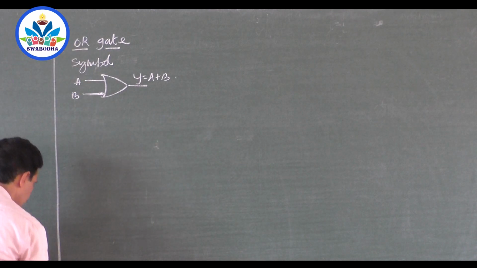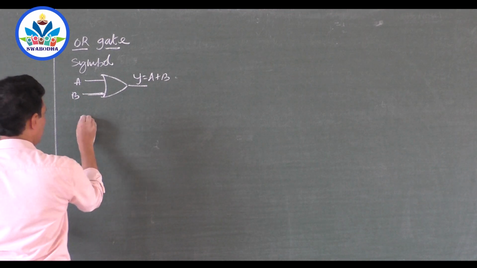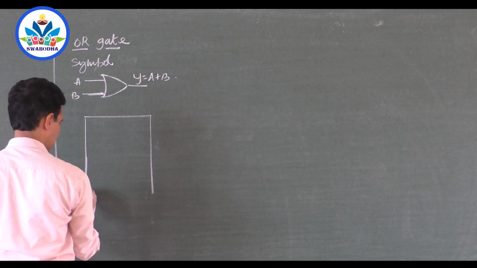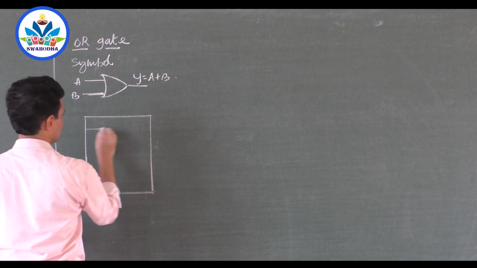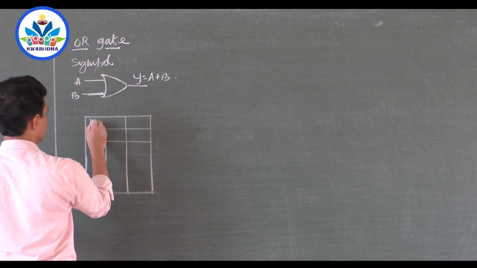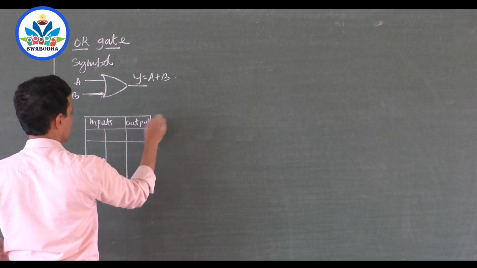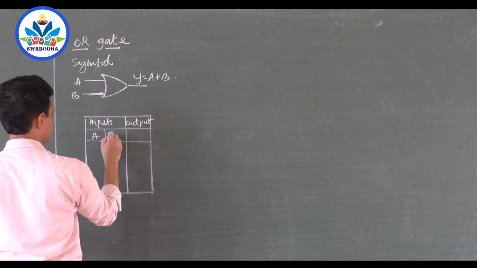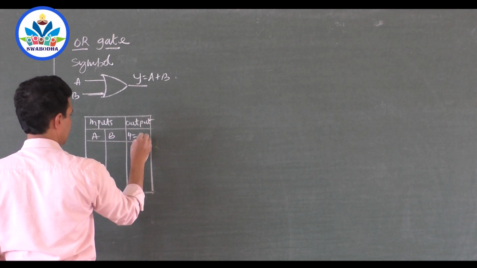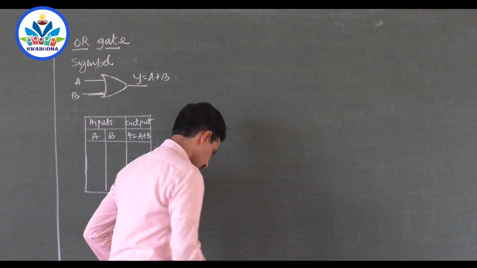Now, how do you write the truth table? All possible combinations of inputs and outputs. So this is for inputs and this is for the output, A, B, and Y is equal to A or B. We are writing the OR operation.